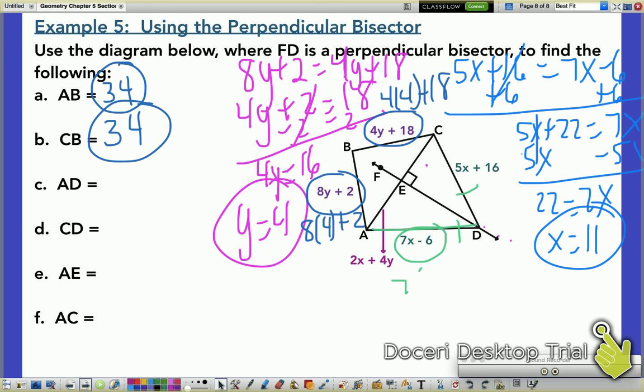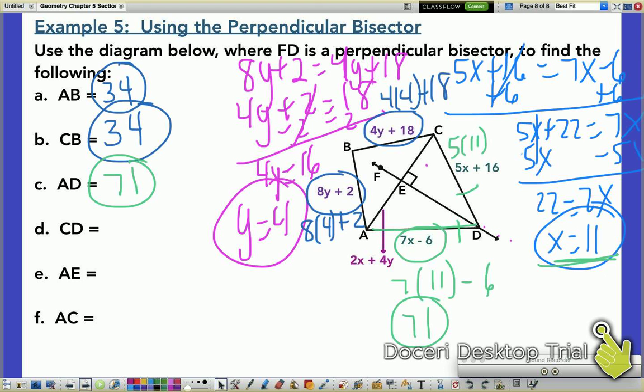So 7 times 11 minus 6, because x is 11, 77 minus 6 is 71. 5 times 11 plus 16 is, well, if your congruent parts don't match, you did something wrong. So make sure that they match. You guys will do this obviously much neater. Like I said, the stylus is not working.